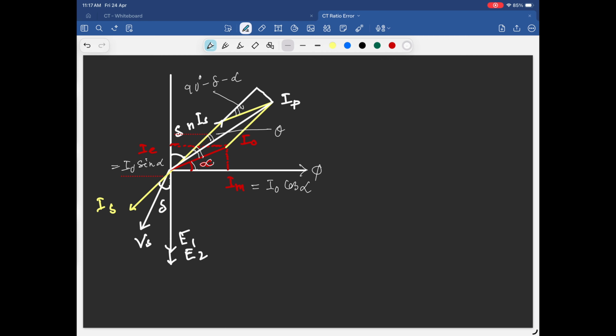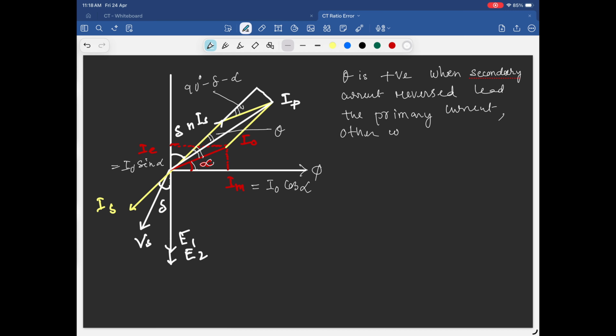So Im is equal to I0 cos alpha and IE is equal to I0 sin alpha. And theta is positive when the secondary current reversed leads the primary current.